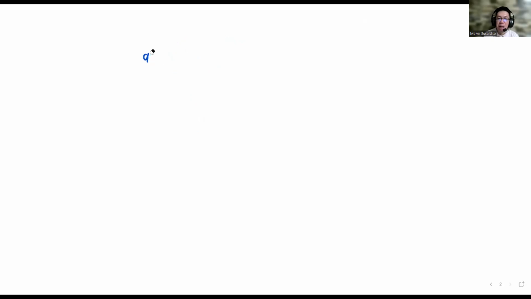Back to the problem. Calculate the mass of cobalt 60 that remains from a 0.01 gram sample of the nuclide after 1 year has lapsed. Okay?